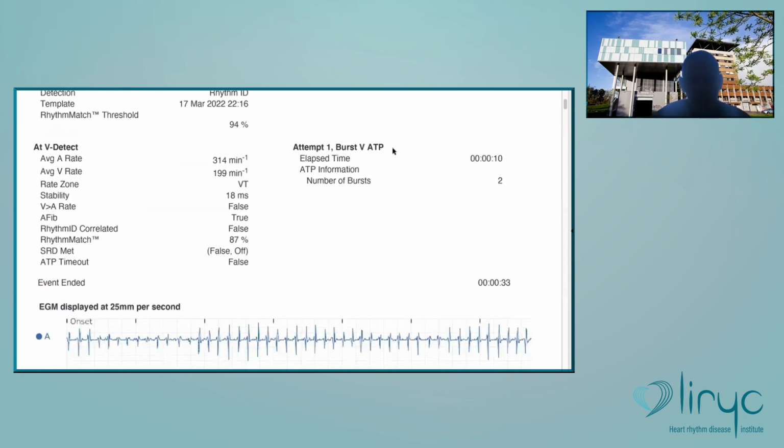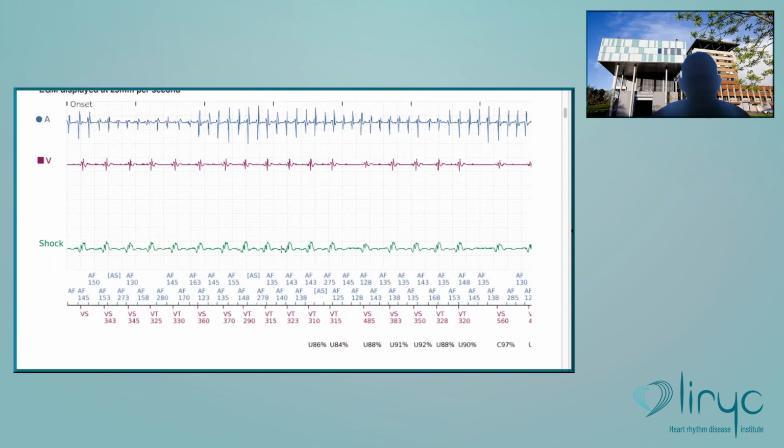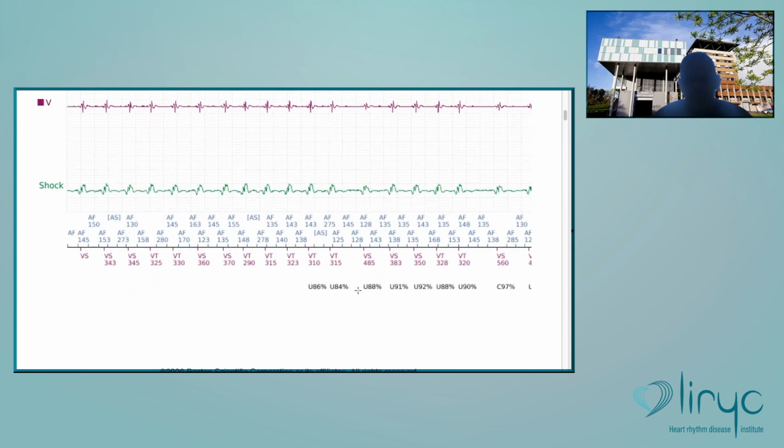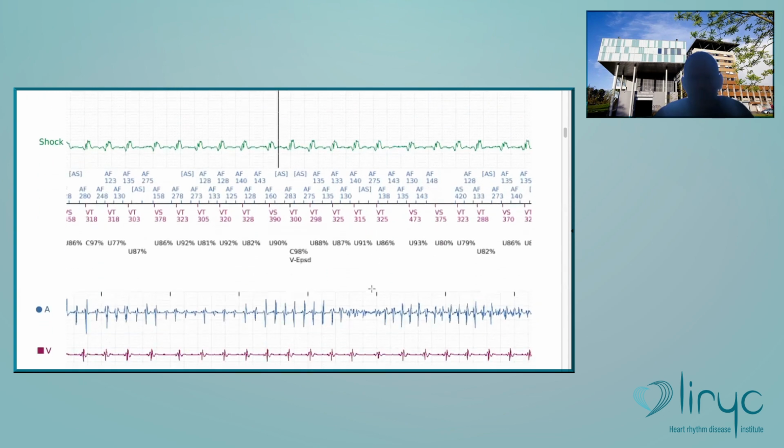I don't know what I wanted to show you here. That's the case of an atrial fibrillation, and you see the signal here. The percentage is high, intermediate, I would say, the same. 83% will work correctly. That's a conducted atrial fibrillation.